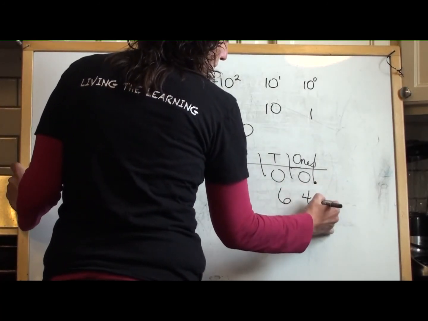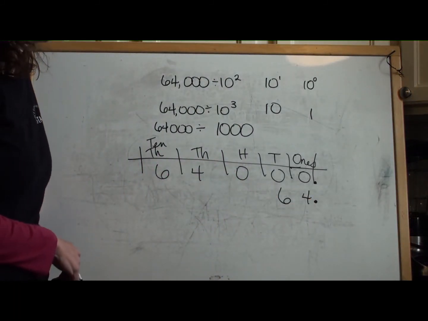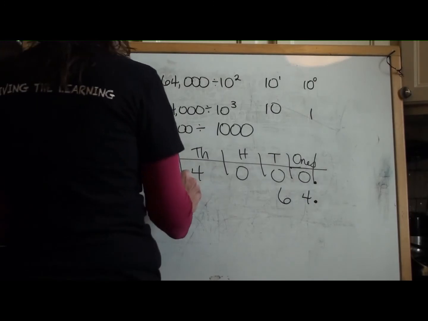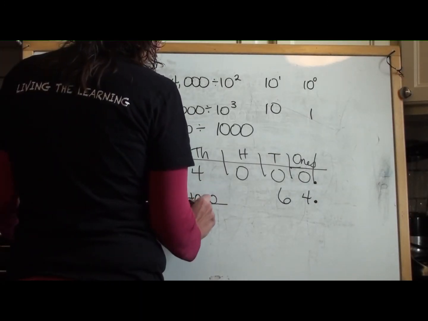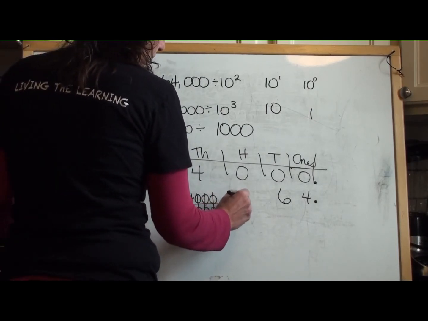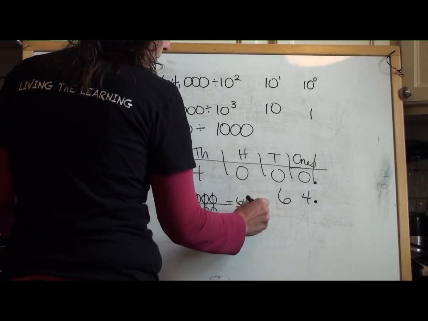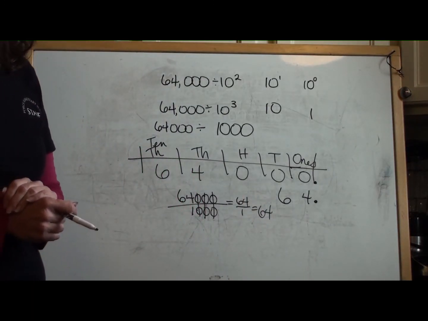My decimal goes there. So my number is going to be 64. If I have 64,000, I'm going to divide it by 1,000. It equals 64 over 1, or 64. All right, now you try.